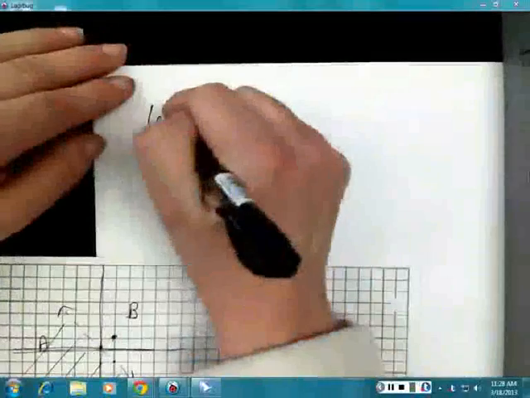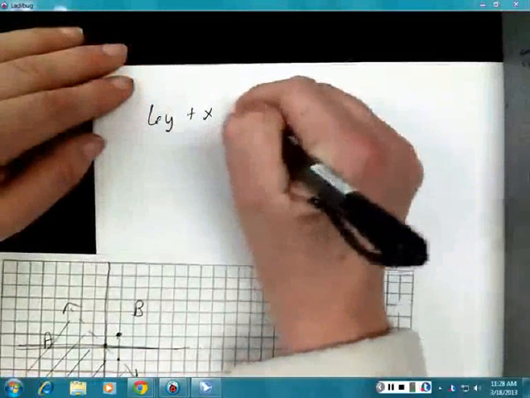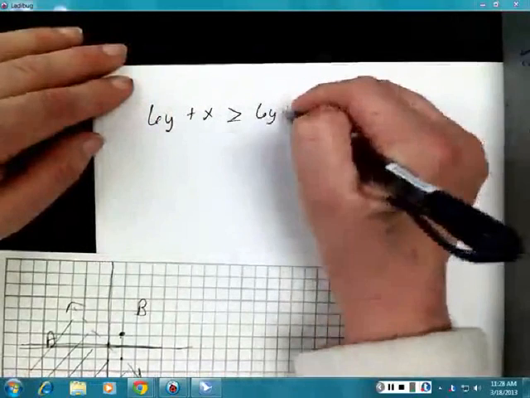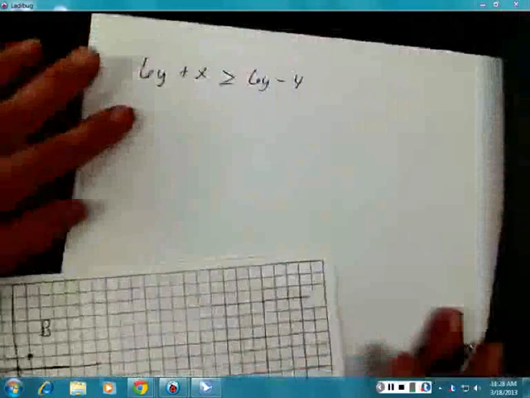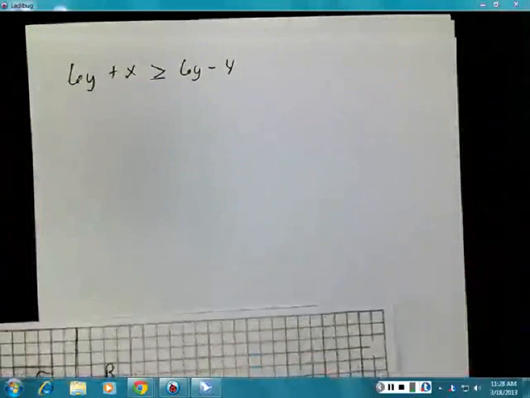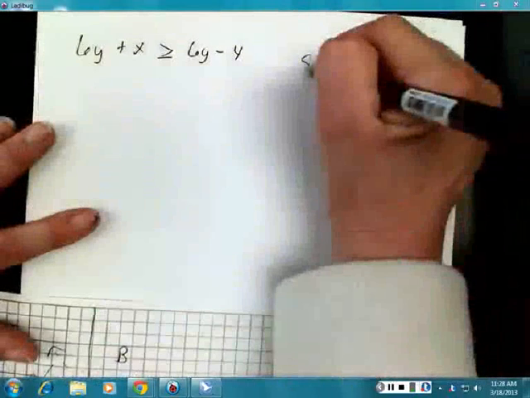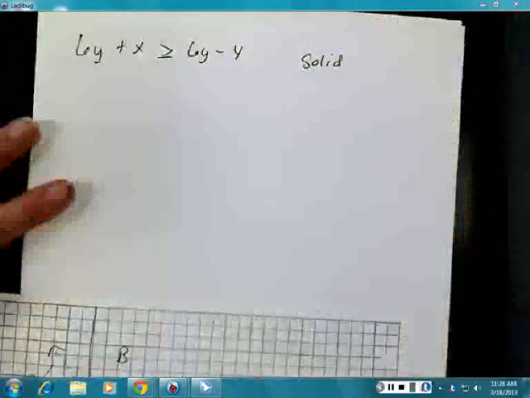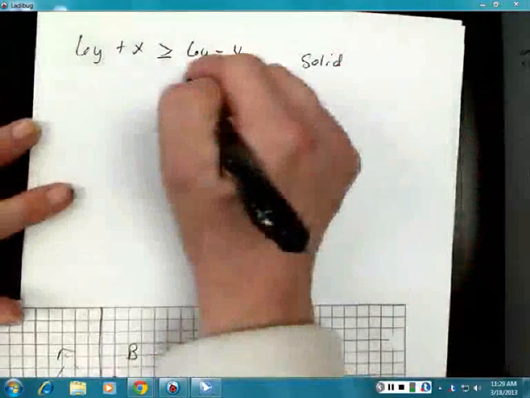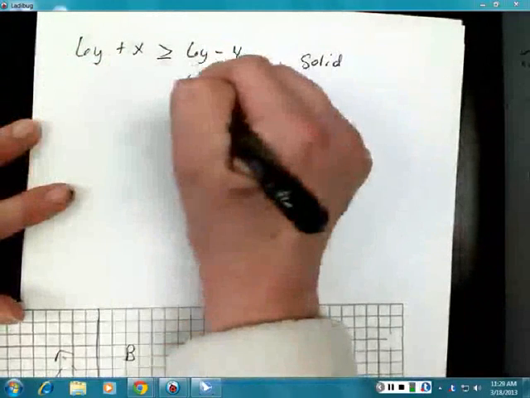Alright. The second one here. I'll get a sheet of paper up here. What was it? 6y plus x is greater than or equal to 6y minus 4. Okay. Solid or dotted? Solid. Okay. And now I've got to solve for y so I can graph this thing.